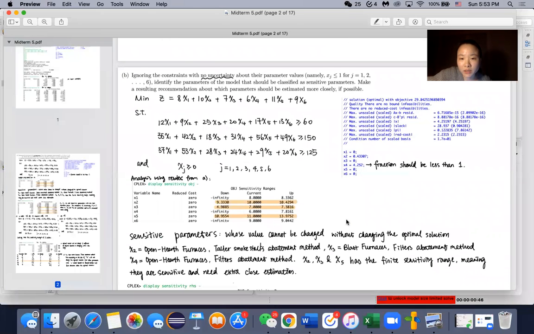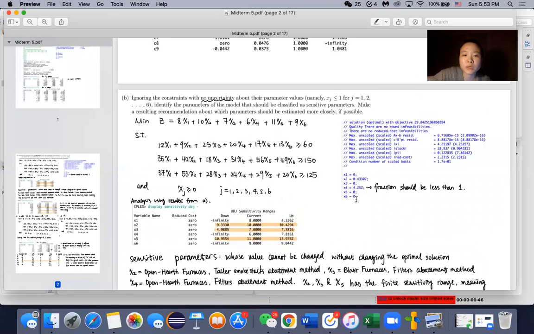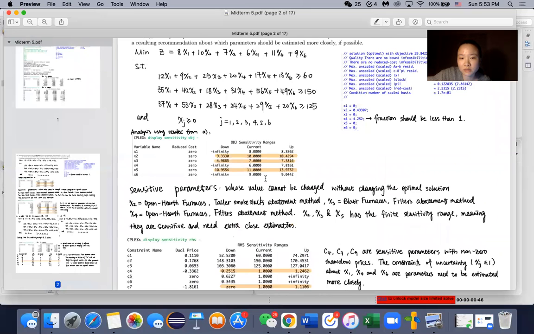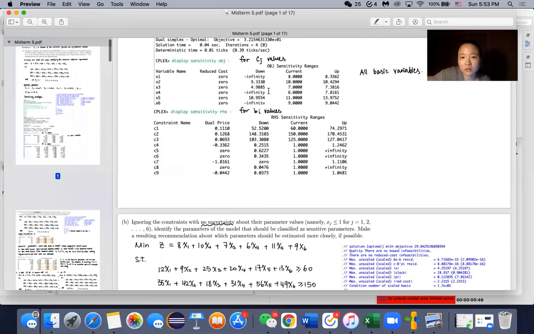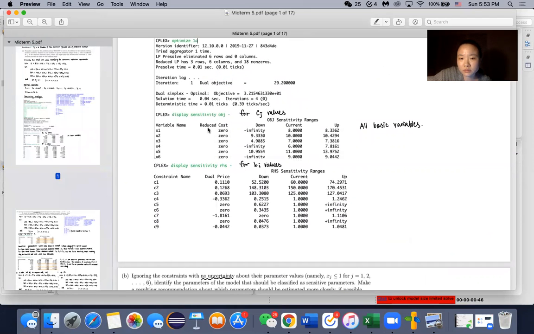For part B, I try ignoring that x is less than 1, and I got an infeasible solution, where x4 is a fraction that's more than 1, so it's not usable. Then I analyze the sensitivity here.